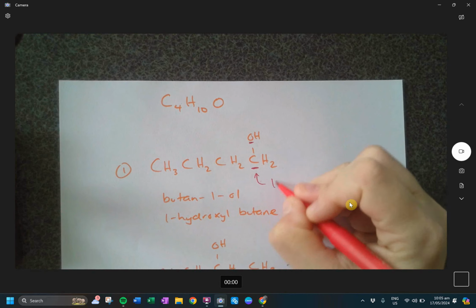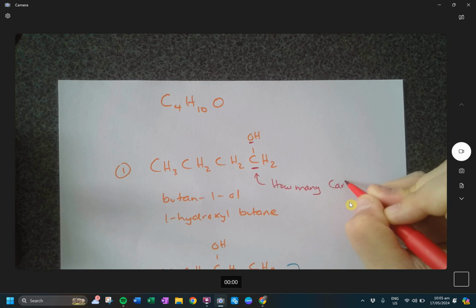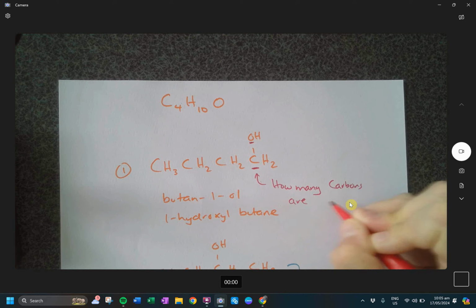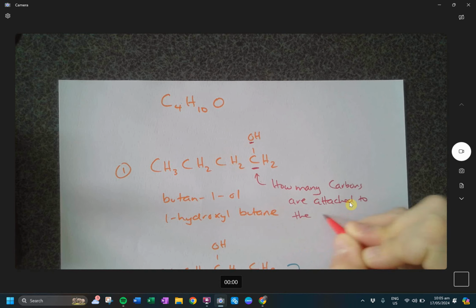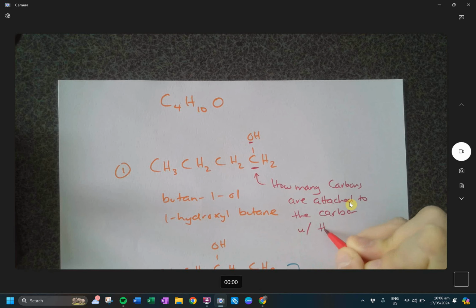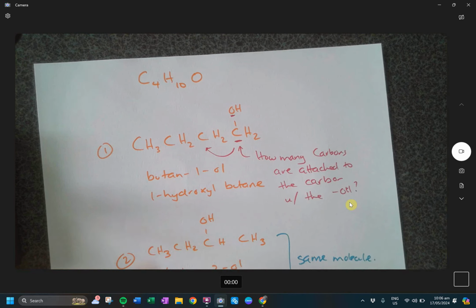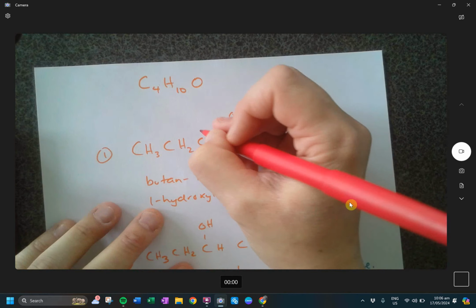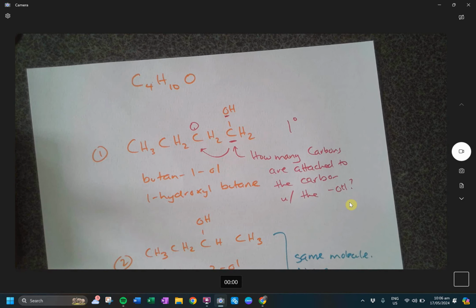That's my big question: how many carbons are attached to the carbon with the OH? So when I look at this one, it only has one. So this is a primary. This is how we call that one.